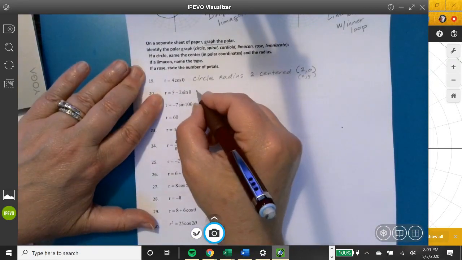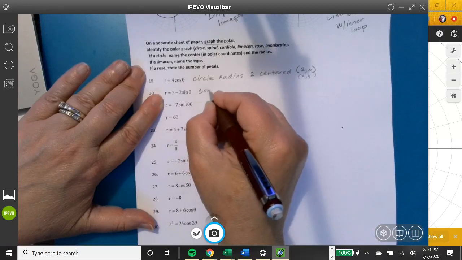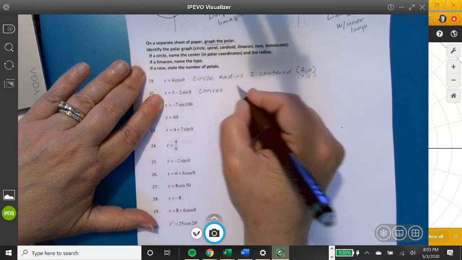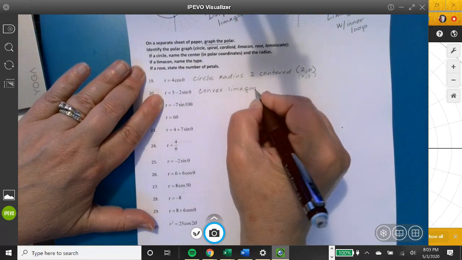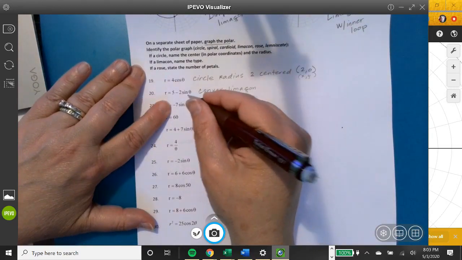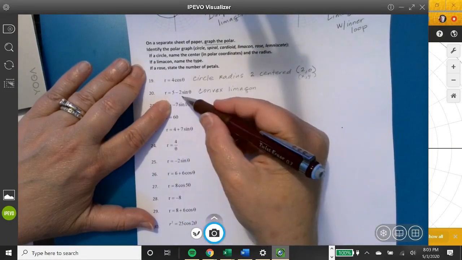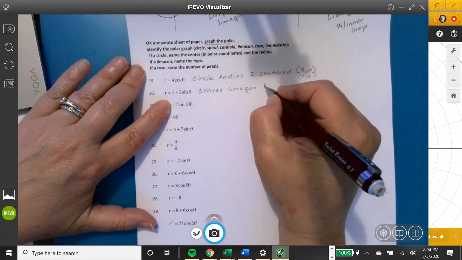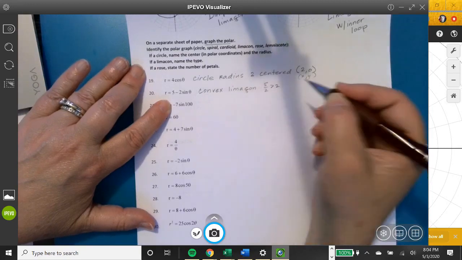This is going to be a convex lemniscate, with the biggest portion of it being below the polar axis. And why is it a convex lemniscate? Because the ratio of the midline to the amplitude is greater than 2.